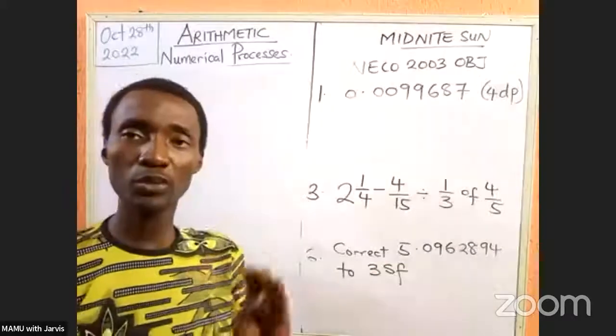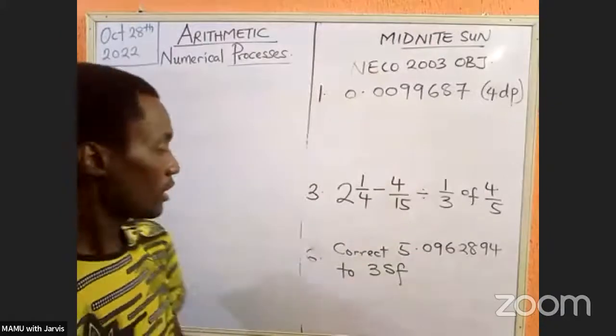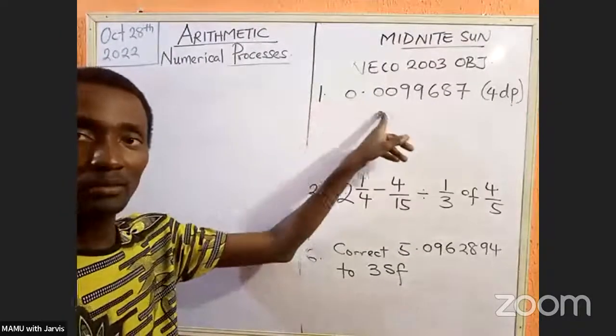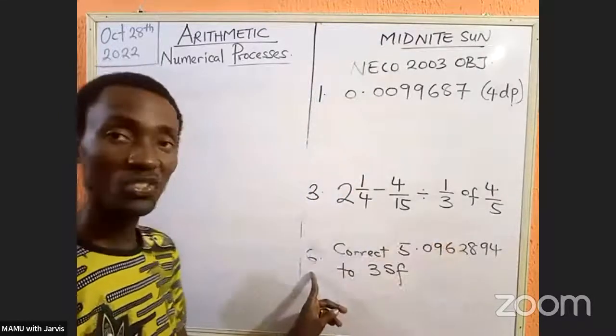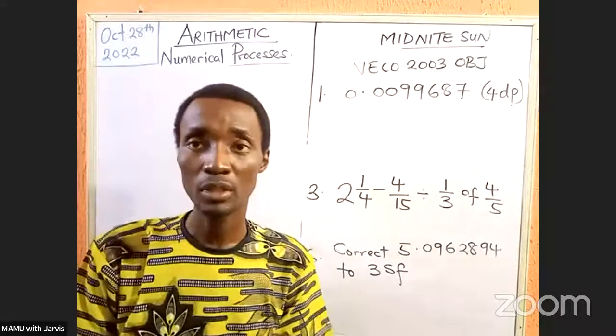So I'm going to give you a minute or 2. Give me your answers in the chat. Number 1, just say number 1, put the answer. Number 3, put the answer. Number 6, put the answer. Then you score yourself.